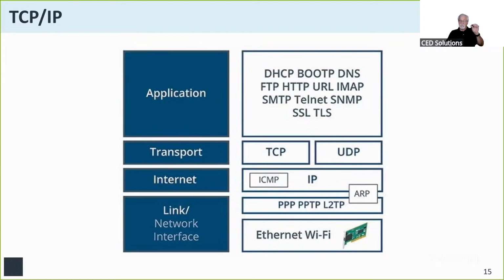It associates your physical MAC address, which is tied to your network adapter. So the MAC address is here. The IP address is assigned up here. The data link layer and the ARP cache in the middle associates those two.